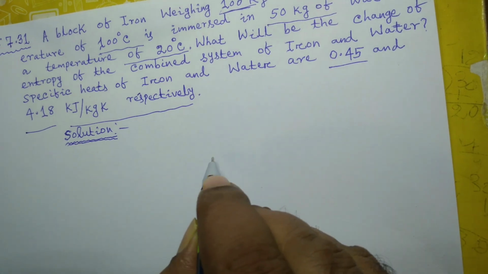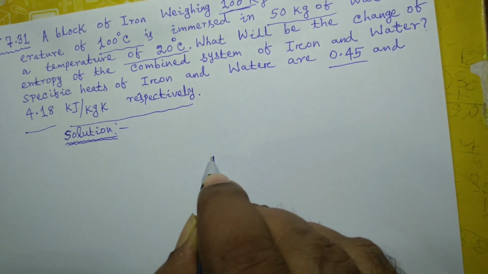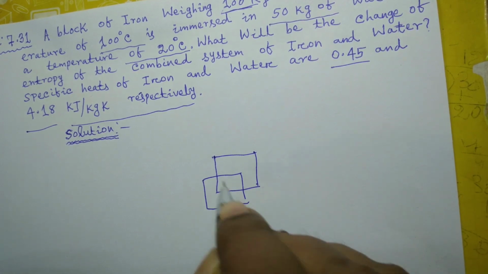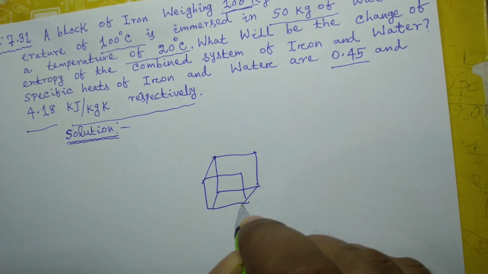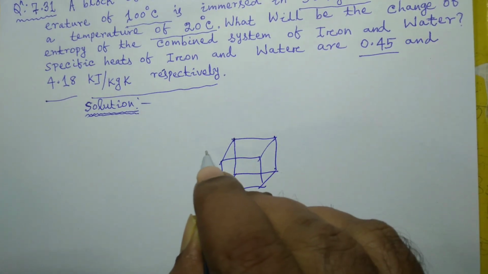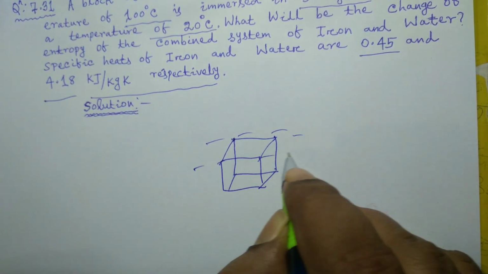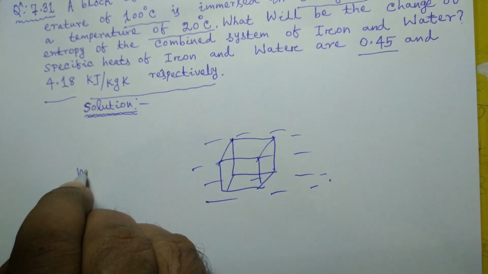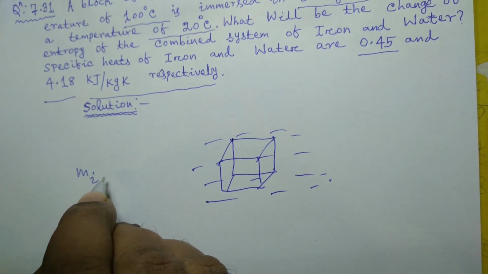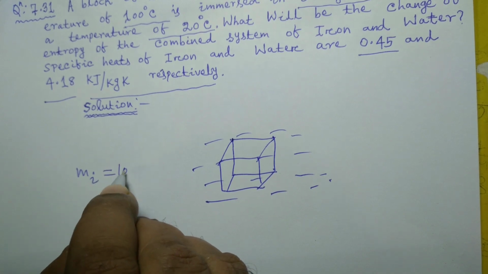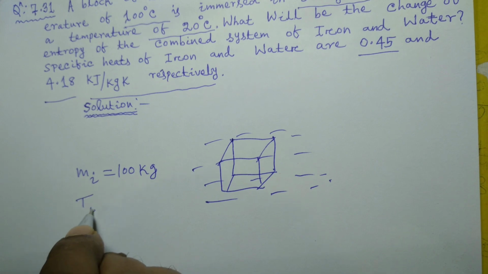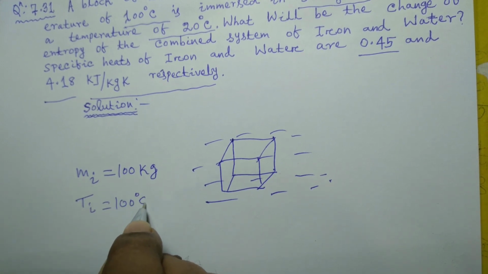So you see, this is the block of iron which is immersed in water. The mass of the iron block is, suppose, Mi, which is given to be 100 kg, and the temperature of iron, let it be Ti, is 100 degrees Celsius.